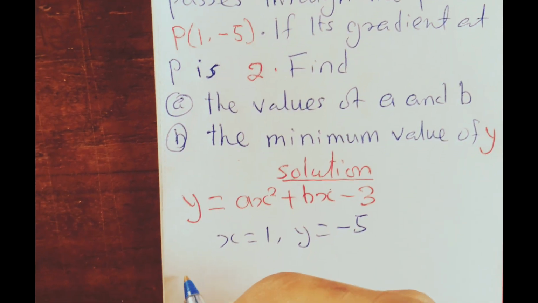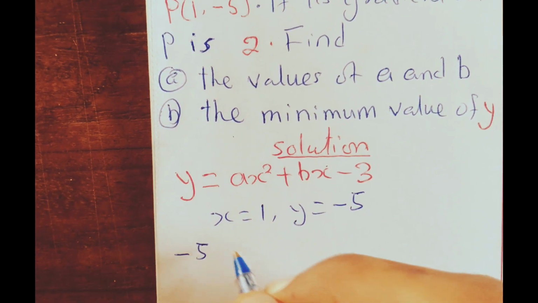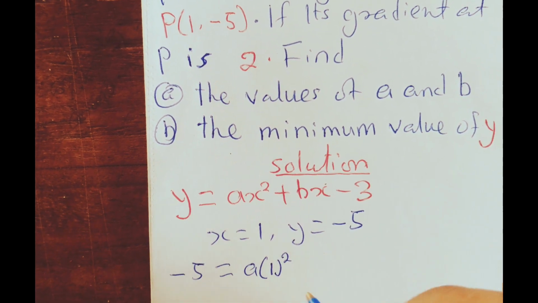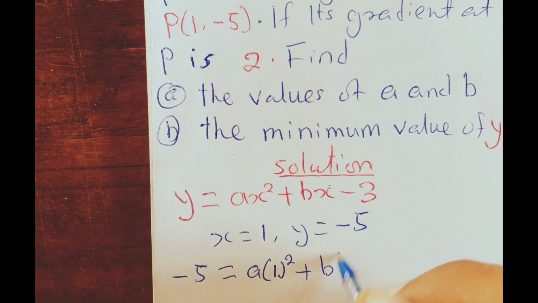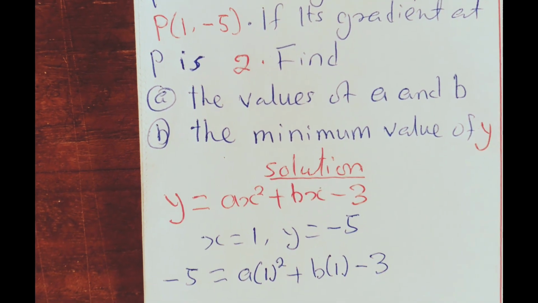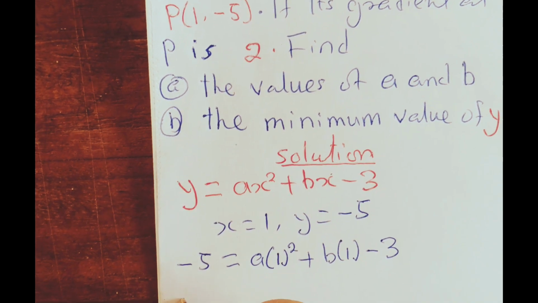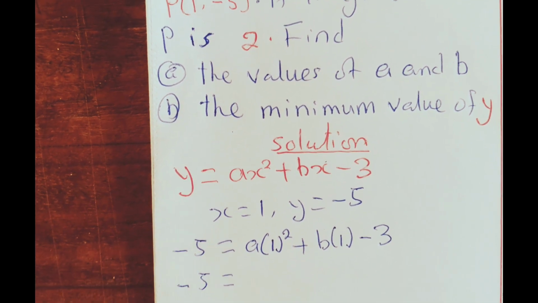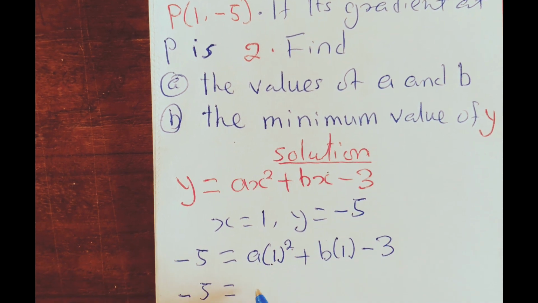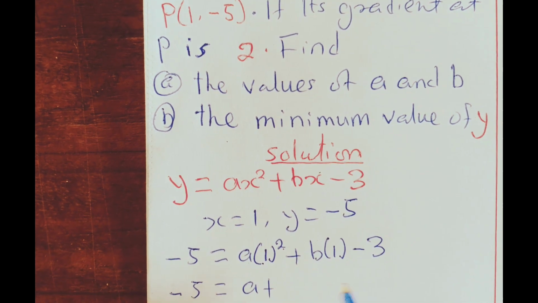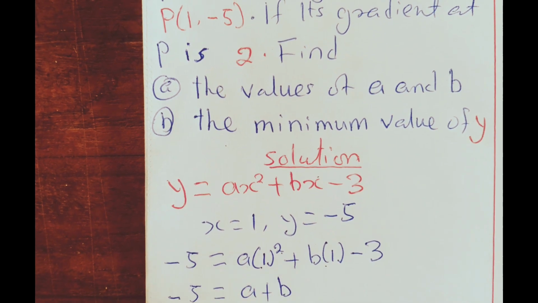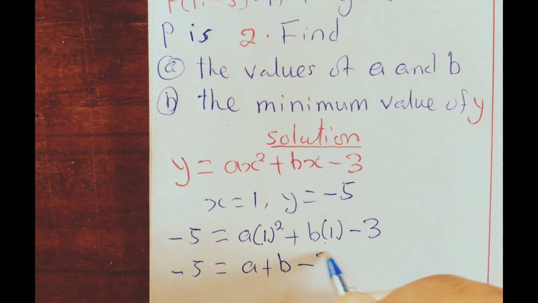So it becomes -5 is equal to a times 1 squared plus b of 1 minus 3. So -5 is equal to 1 squared will give you 1 times a will give you a, plus b times 1 will give you b, minus 3.